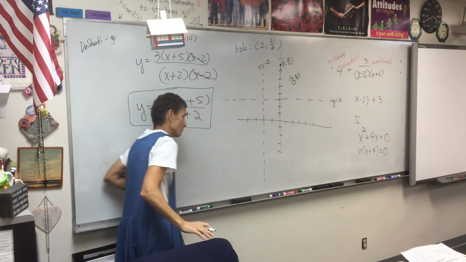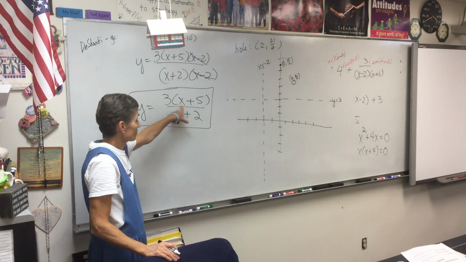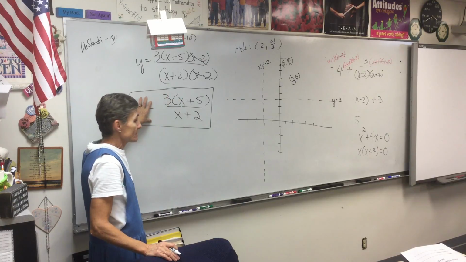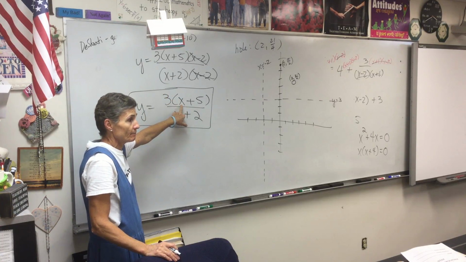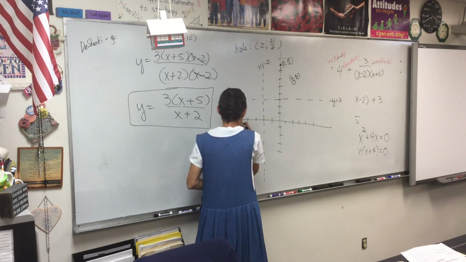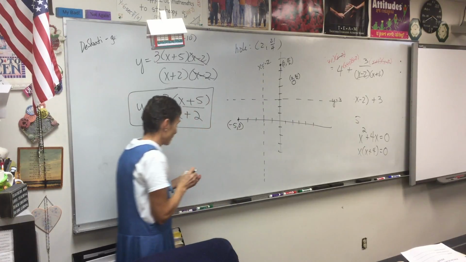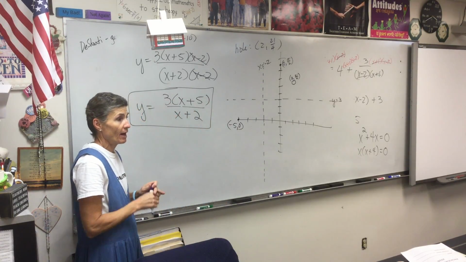All right, where's my x-intercept? Plug in 0 for y. If you plug in 0 for y, you lose the denominator. Your x-intercept is at -5. Now that is all of the stuff you had to find.